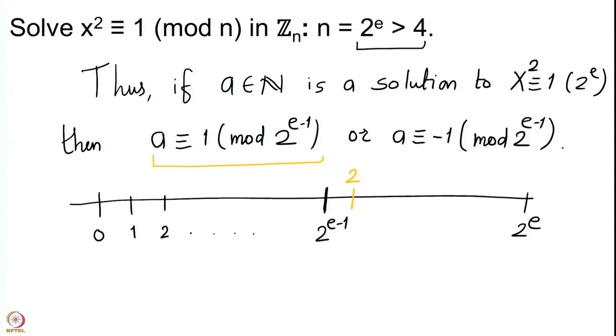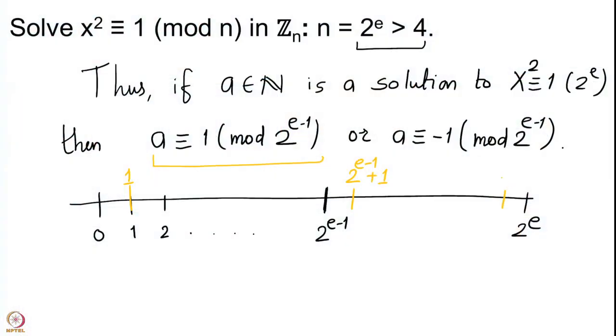So, that can be this number 2 power e minus 1 plus 1, or it can be this number A equal to 1. Both are 1 modulo 2 power e minus 1. The second case, which says that A is minus 1 modulo 2 power e minus 1, will tell you that it can either be 2 power e minus 1 or this quantity which is 2 power e minus 1 minus 1. These are the only 4 solutions in the case when the power of 2 is more than 4.